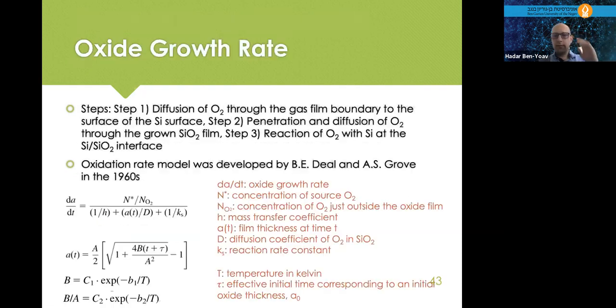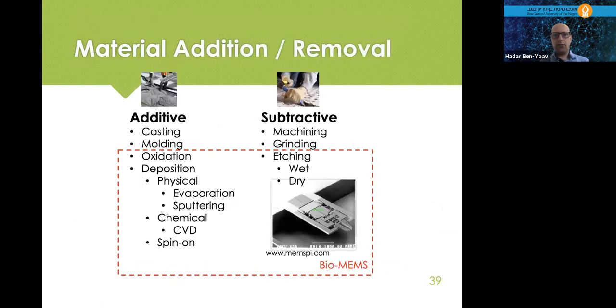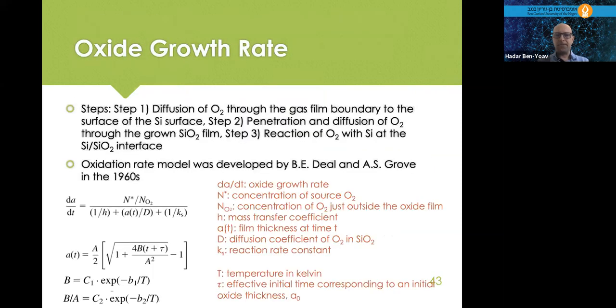Now there are 2 main ways. I talked about oxidation and spin-on, but there are 2 main deposition categories: either physically putting the material on the substrate, or exposing the substrate to chemicals that cause a chemical reaction on the surface and thereby deposit another material.